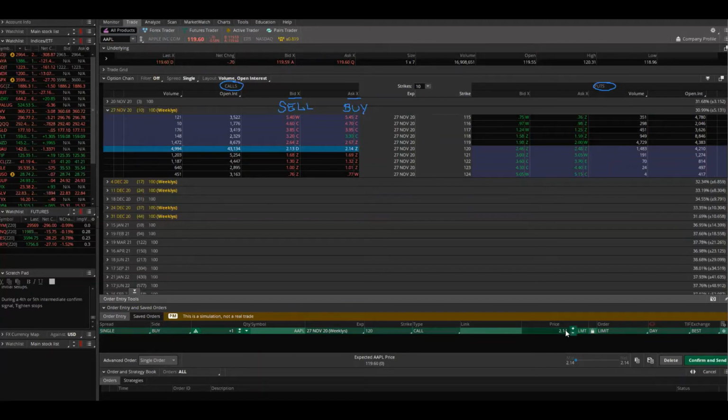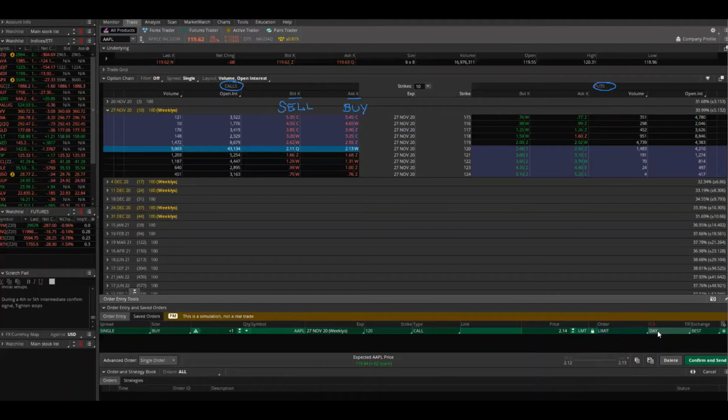Now this won't move, okay? And we're going to leave it at limit order because we want to get in at 2.14. If we wanted to just get in at whatever price the market is at this current moment, you would change it to market. Okay? And then this is day. This means that this will only be good for today's trading session.